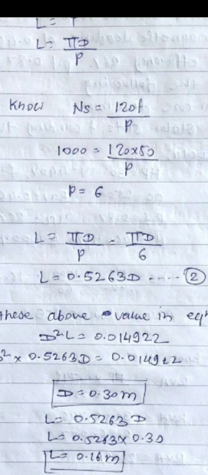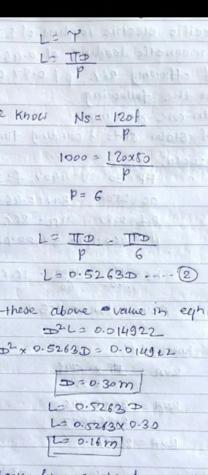Put the value of equation number 2 into equation 1. Equation 1 is d square L is equal to 0.014922. Putting the value of L in that equation, it becomes d square into 0.5263 d is equal to 0.014922.